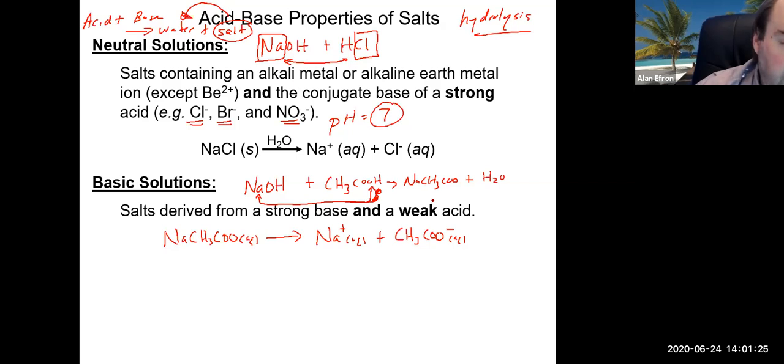Now, when we look at these guys, we can see that this salt is what we're dealing with here, and that's most likely where it was generated. And why that's important is it gets you in the mindset of thinking about that relationship: if it's strong, then its partner is weak, or if it's weak, its partner is strong.